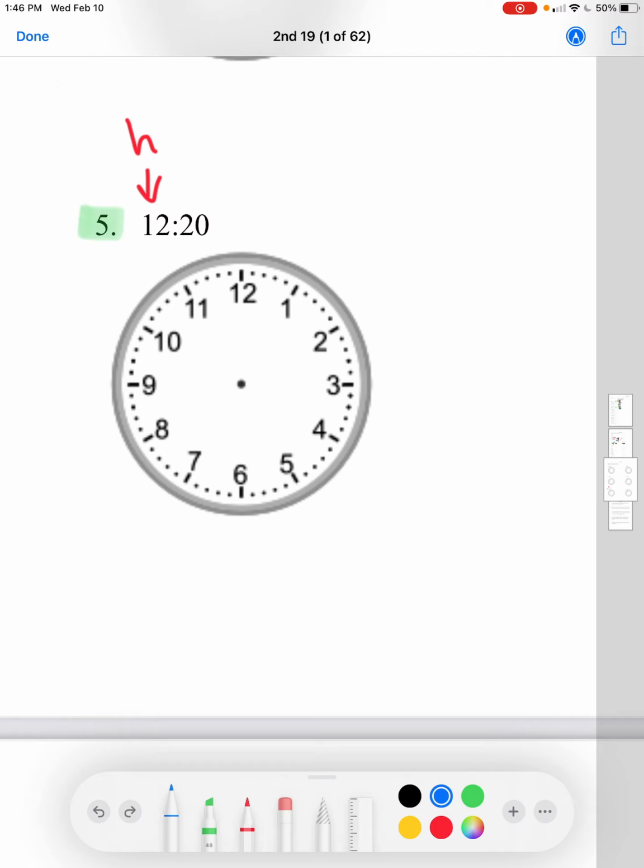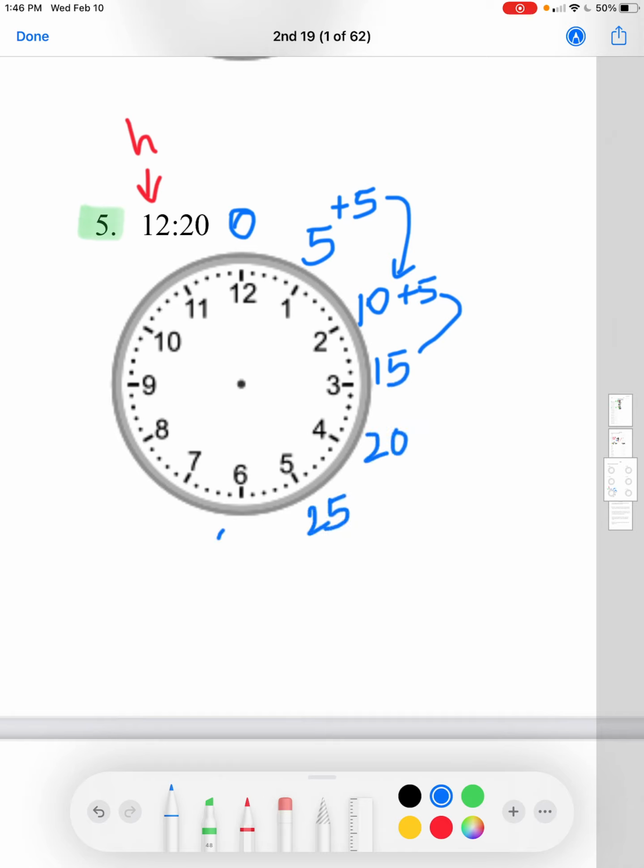So basically what we're doing is we're starting with 0 at the 12, and we're adding by 5s. If you add 5 to 0, you'll get 5. If you add 5 to 5, you'll get 10. If you add 5 to 10, we'll get 15. And so on. So we're basically skip counting by 5s, or we're just adding 5s each time. So each number on the clock itself stands for 5 minutes, which is the minutes.